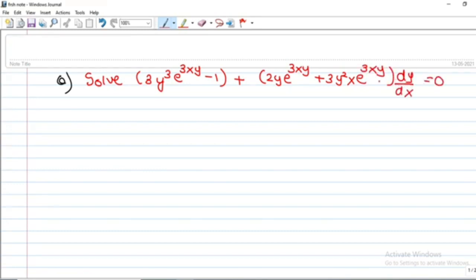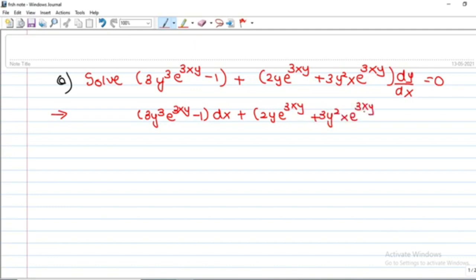What you have to do is just multiply the dx here. After simplifying, you are going to get (3y³ e^(3xy) − 1) dx + (2y e^(3xy) + 3y²x e^(3xy)) dy = 0.